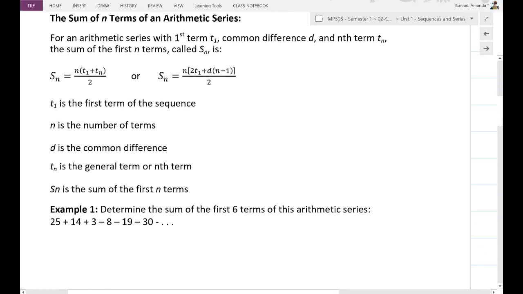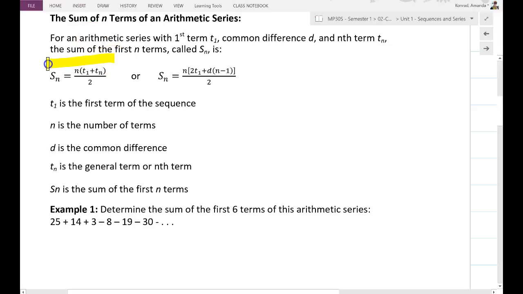So the sum of n terms needs a general formula. So for the arithmetic series with the first term as t1, the common difference is d, so that hasn't changed. The nth term is tn, and the sum of the first n terms is called Sn, or the sum of n terms. And we write the equation like this.